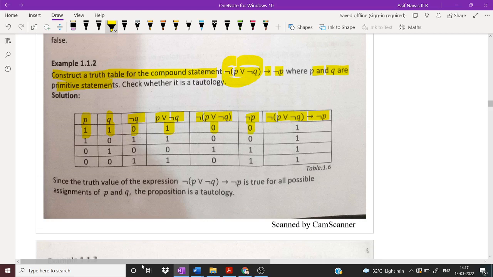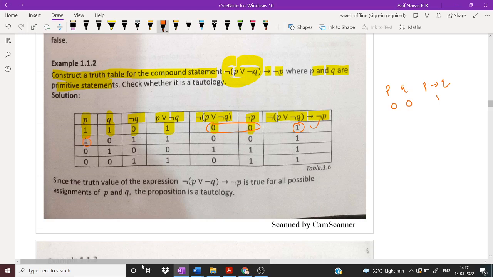Negation P is 0, and therefore we have 0 implies 0. Both are false. We know that if P and Q are both false, then P implies Q is 1, so this is true.